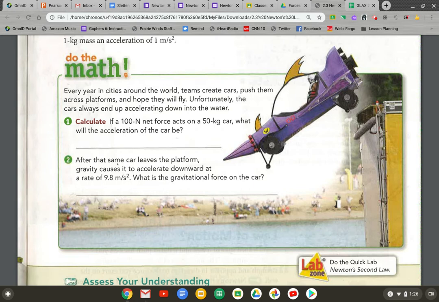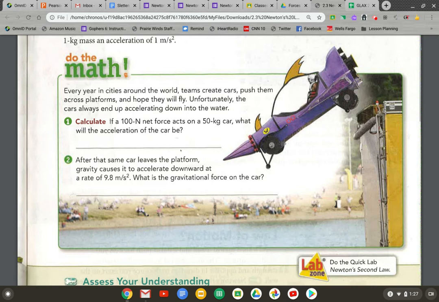Now let's look at number 2. It says after that same car leaves the platform, gravity causes it to accelerate downward at a rate of 9.8 meters per second squared. What is the gravitational force on the car? If we're looking for force, we take the mass of the car times acceleration.